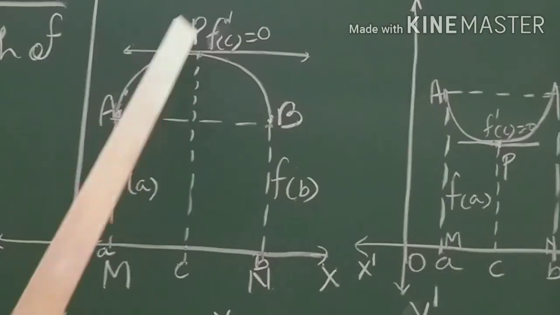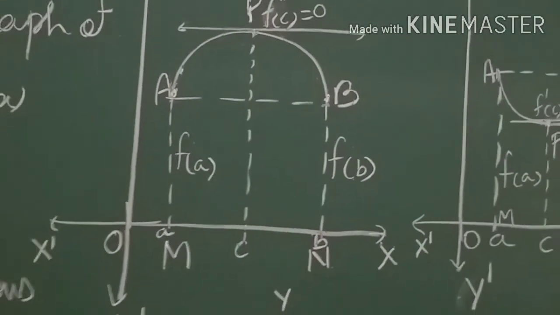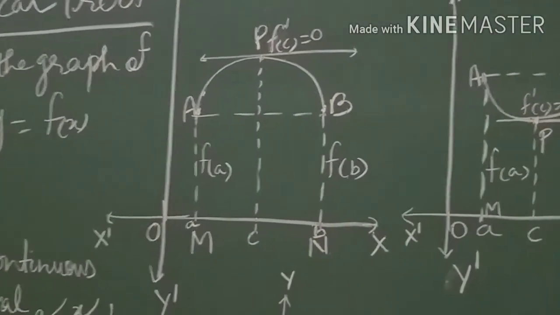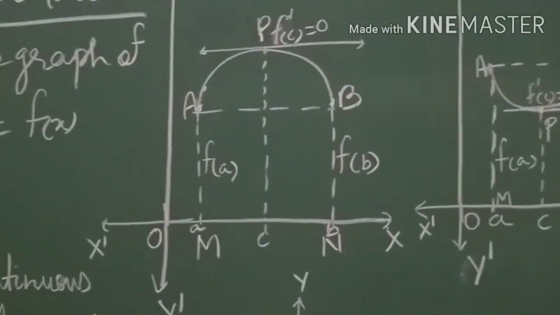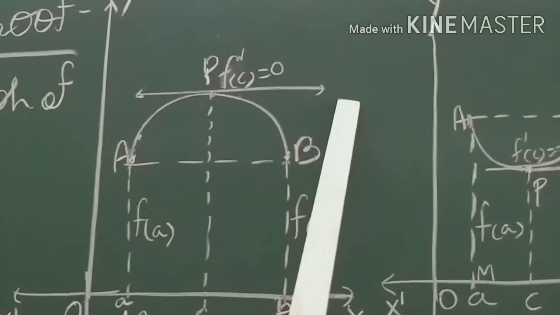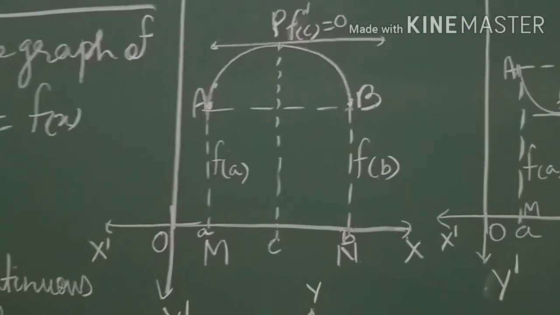Students, you can see this point lies between A and B. There are many points, but there should be at least one point at which the slope of the tangent, meaning f dash c, is 0.